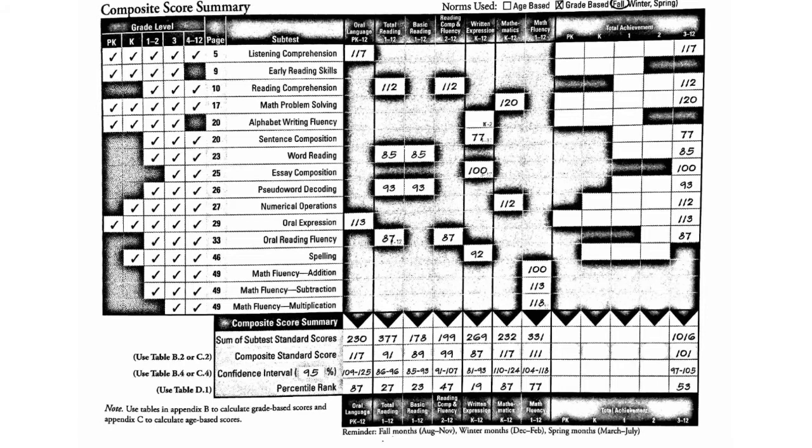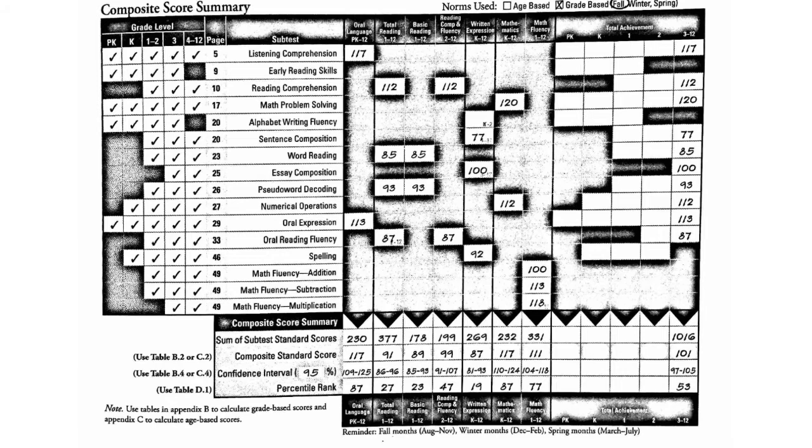Okay, now the other thing that we can do with the scoring summary is we can sum the composite standard scores to actually get a standard score for that composite. So if we look right here in the first one, oral language composite, we see listening comprehension of 117 and oral expression of 113. If we add those two together, we get 230.